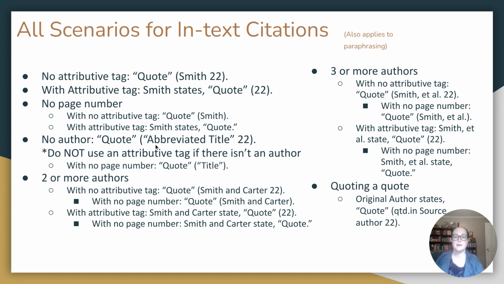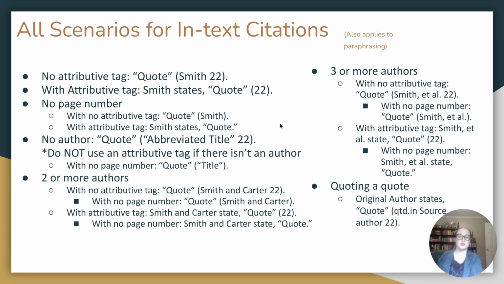So let's say that you don't have an author. Instead, you're going to use an abbreviated form of the title. You want to use the major keywords from the title, or the first few words from the title, or everything before the colon in the title. Basically enough so that your reader can then go into your works cited page and be able to tell what source you're talking about. And you want to put that in the same formatting that it is on your works cited page.